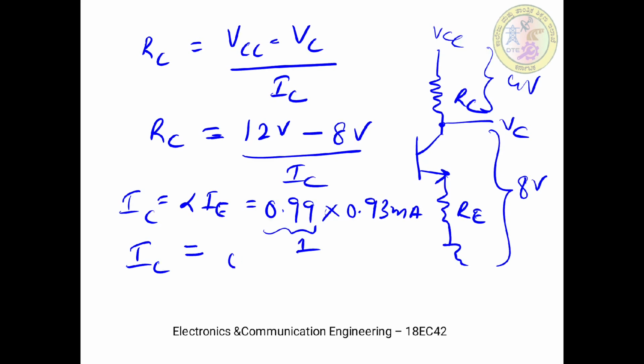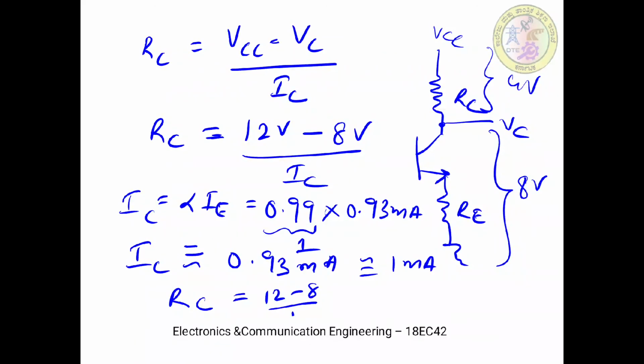So IC will be almost equal to 0.93 milliamperes, or approximately 1 milliamperes. So we can now write the RC value as 12 minus 8, divided by 1 milliamperes, that is equal to 4 kilo ohms.